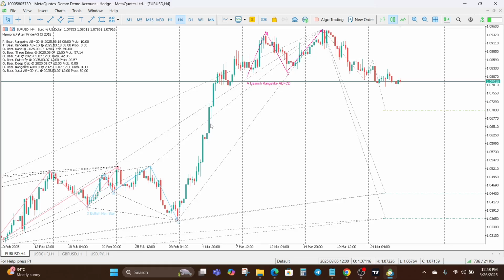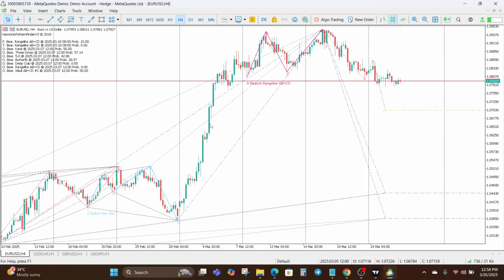Now, harmonic patterns are actually some of the most reliable formations in the Forex market, obviously when we are talking about technical analysis. They are based on Fibonacci retracements and extensions, which help identify key areas where price is likely to reverse or continue its trend.